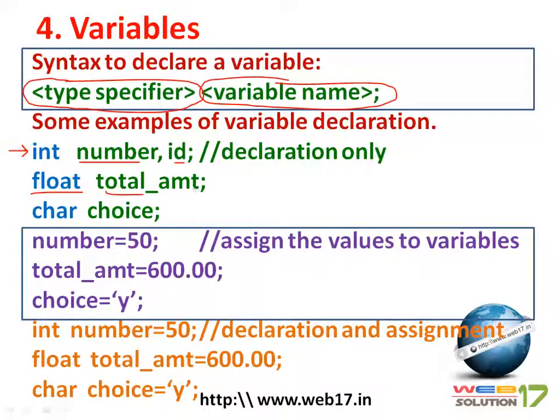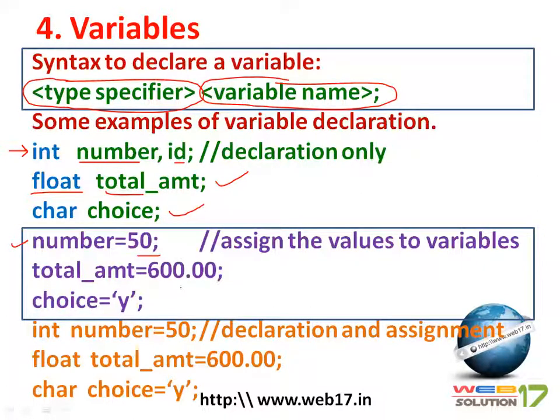Now we can assign values using the assignment operator. In this case we have assigned 50 to number, 600.002 to total_amount, and 'y' meaning yes to choice.